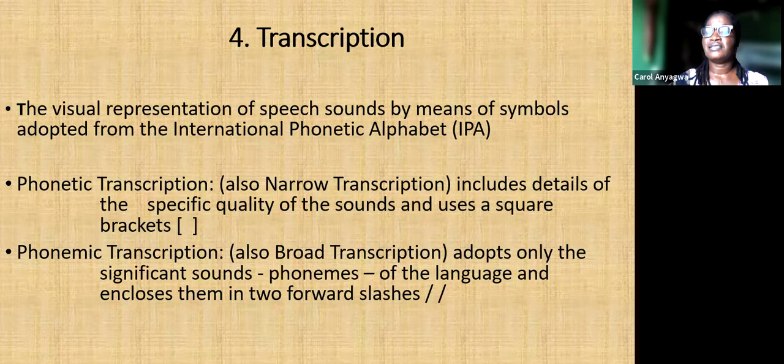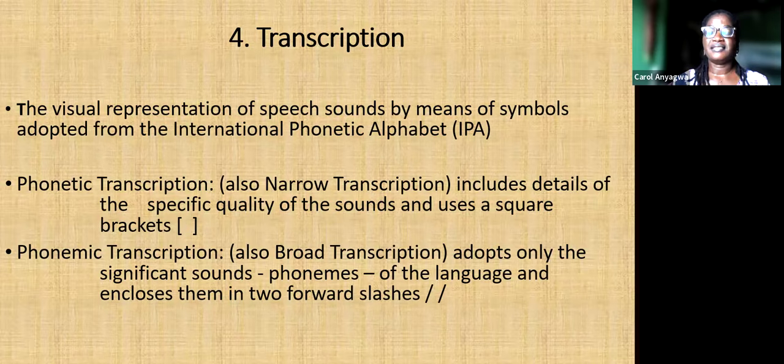Such features as nasalization, devoicing, aspiration, and the rest of them are reflected in phonetic transcription, and the transcription is enclosed in square brackets. The use of square brackets is a marker of the fact that the symbols are not phonemes of the language. And because of the details that are involved, phonetic transcription is also known as narrow transcription.